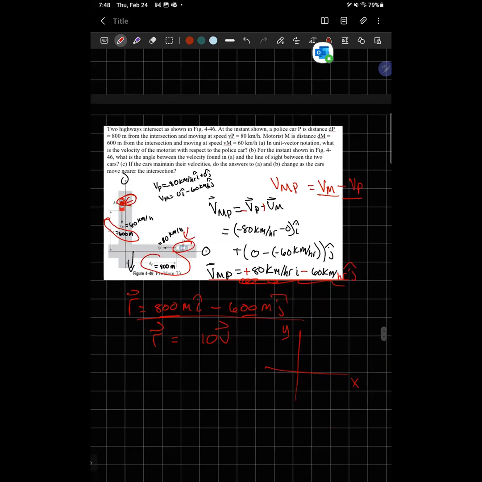R is going out like this, and V is going in the exact same direction, just a little bit shorter. The angle between those vectors is 0.